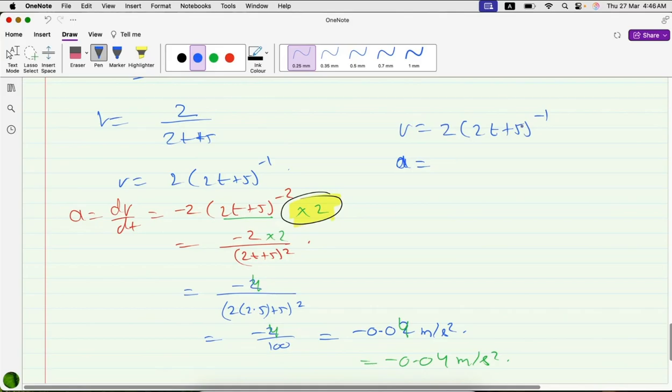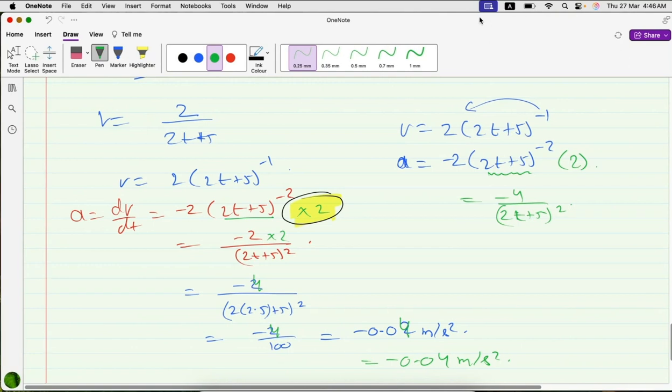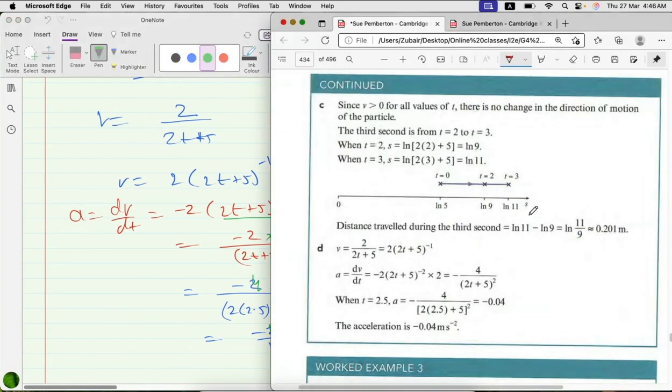Acceleration is the differentiation of velocity, so the power comes down and gets multiplied, giving (2t plus 5) to the power minus 2. And then we multiply with the differentiation of what is inside. I got minus 4 over (2t plus 5) whole squared, and we end at negative 0.04 meters per second squared.